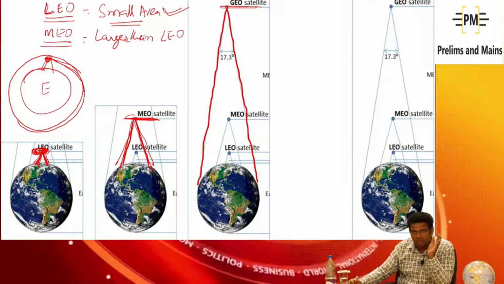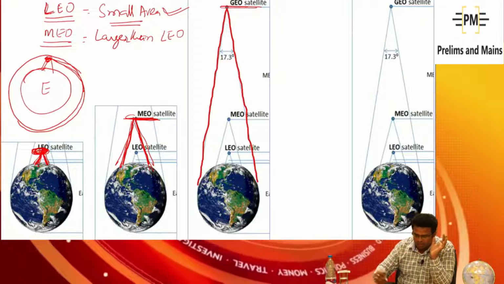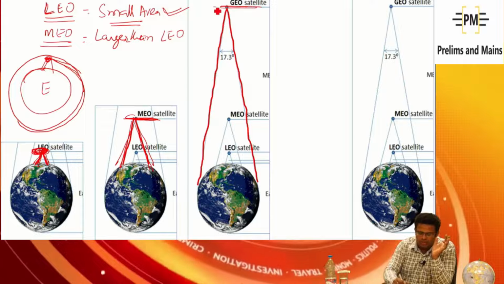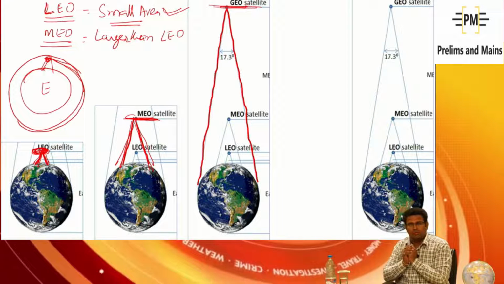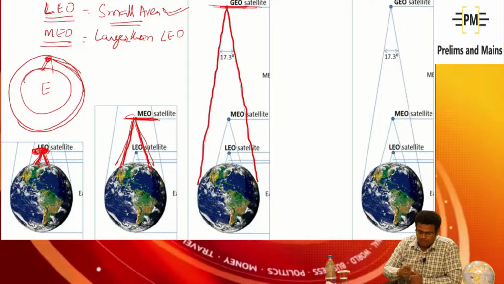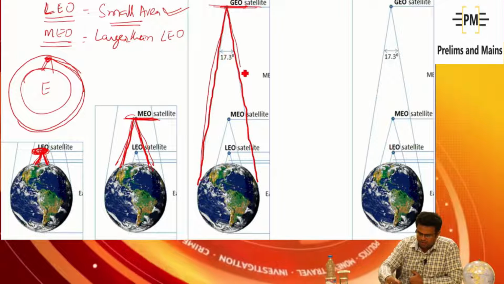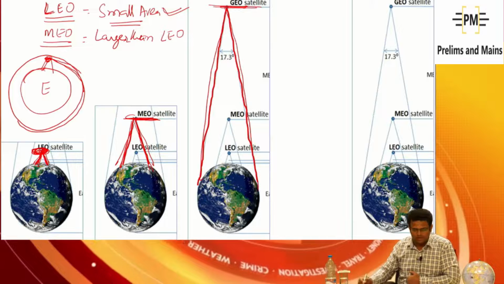And in the GEO, 36,000 kilometers, I will keep on saying 36,000 kilometers, but you should remember that it is 35,786. If one satellite is at 36,000 kilometers, what is the significance of it? At one point it will cover a large area. The signal will be able to cover a large area.